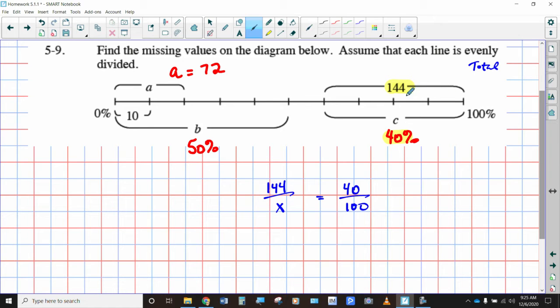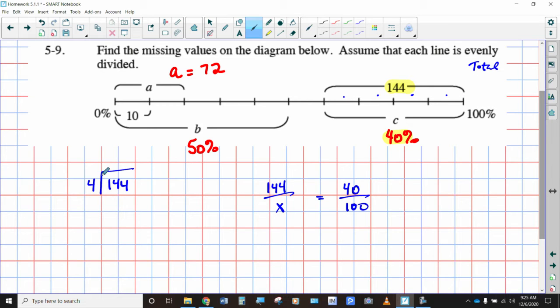But being that we are using a number line to try and figure this out, we actually can use some other methods. For instance, we know that if from here to here is 144 units, and it's broken up into 1, 2, 3, 4 equal parts, then if we took 144 and divided it by 4, we would figure out what each one of these parts are, and then we'd be able to write it in all the way across.